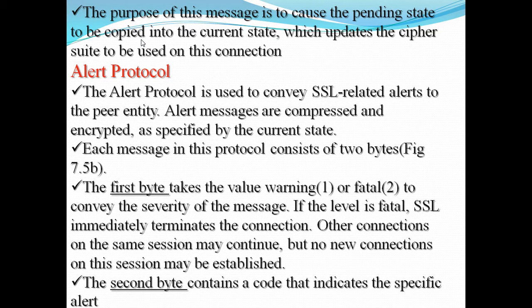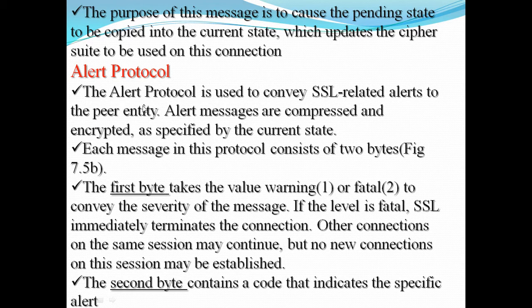Now coming to the SSL alert protocol. Alert means any errors that occur while establishing the connections or transferring the data, whatever it may be. Errors are reported by the SSL alert protocol.